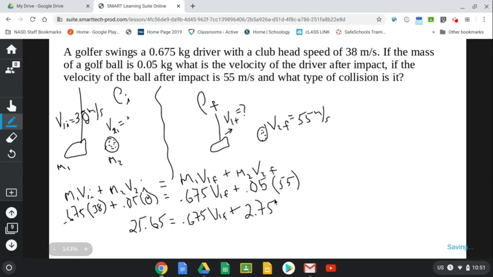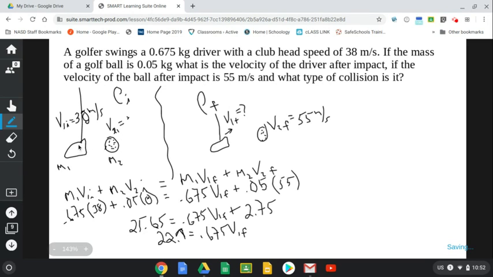So subtracting the 2.75 from both sides, we're going to have 22.9 equals 0.675 v1f. Now let's think about this.